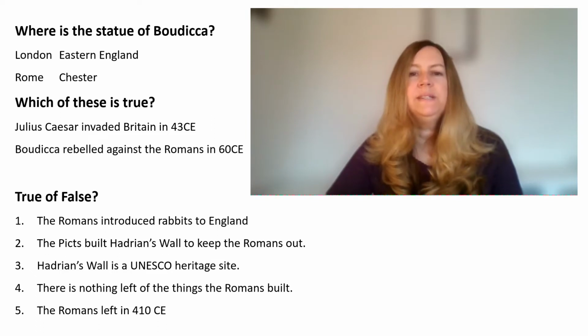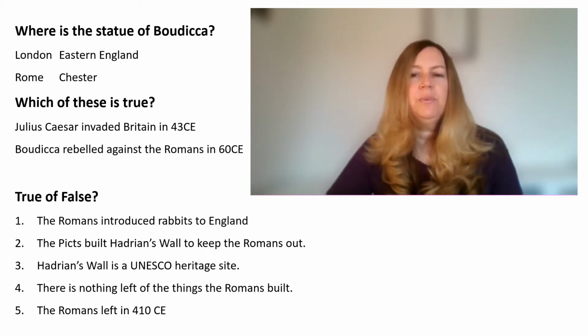The Romans did meet with a lot of resistance from the native people, the most famous instance being in the east of England in 60 CE, when Boudicca, who was queen of a tribe called the Iceni, led her people against them. But ultimately they were defeated and the Romans ruled for almost 400 years.